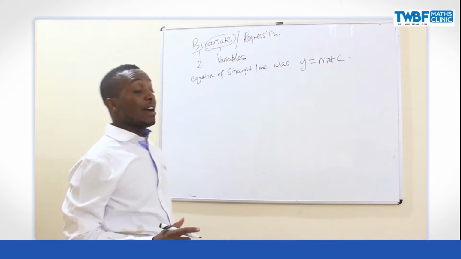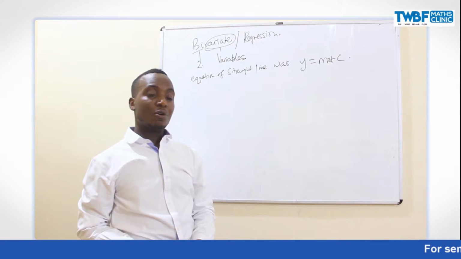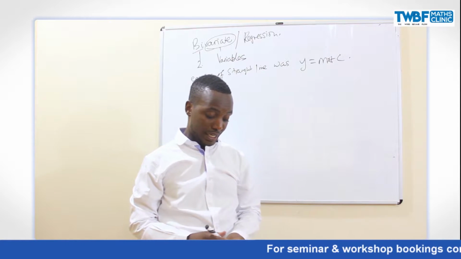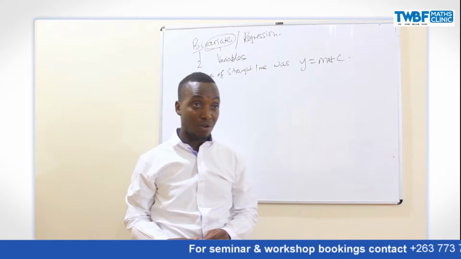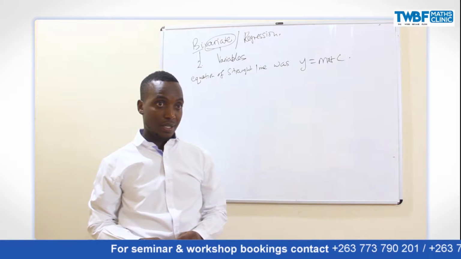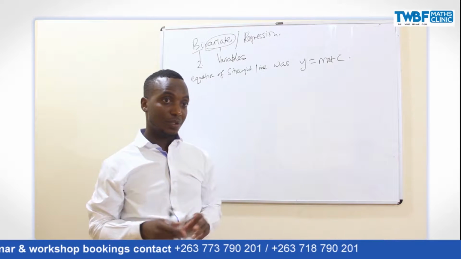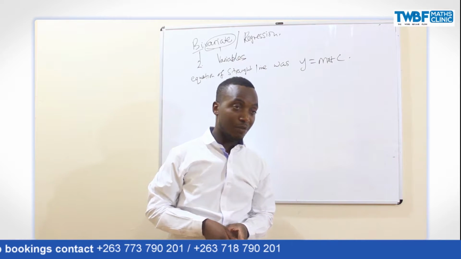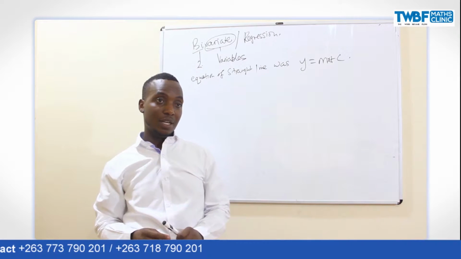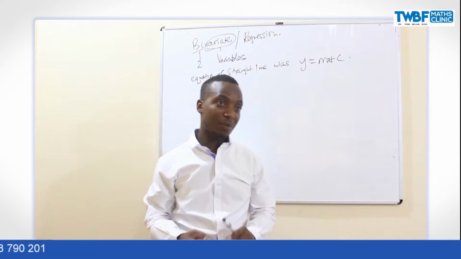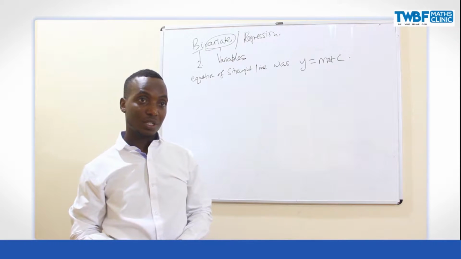So there are cases whereby we are collecting two sets of data. Maybe it's a class of mathematics or a class of sciences, and we wrote two subjects, mathematics and chemistry, and we have 10 students, and they've got a mark for mathematics and a mark for chemistry.